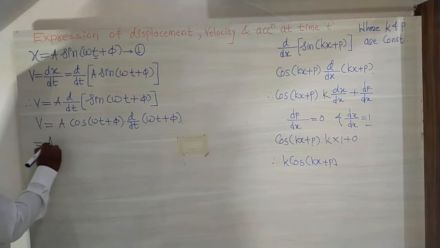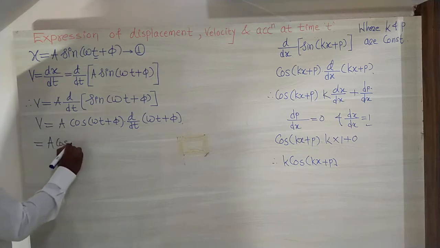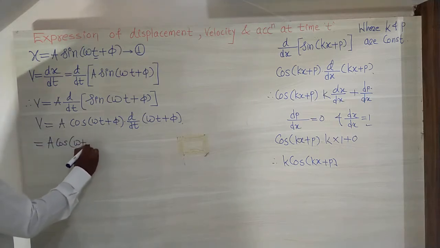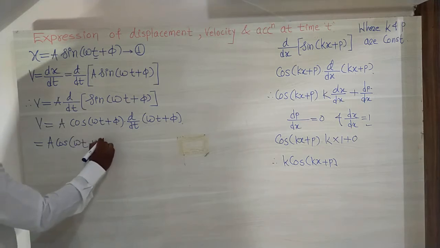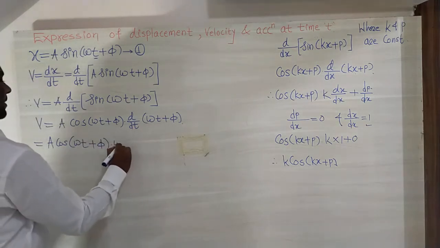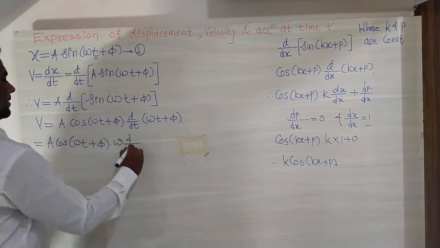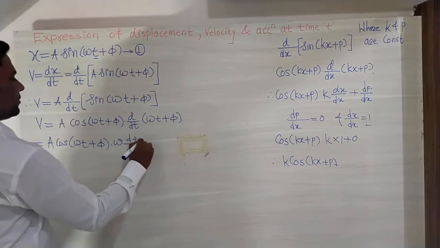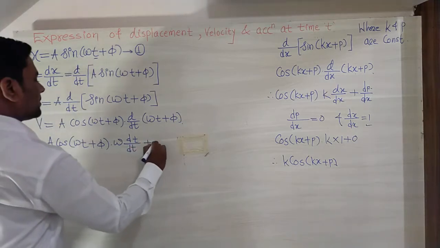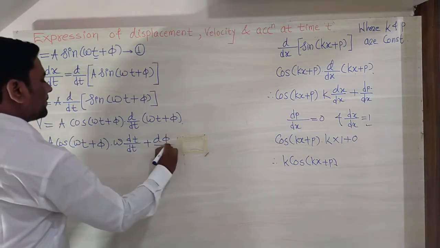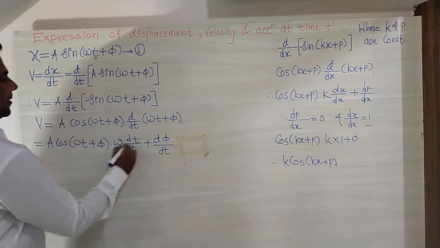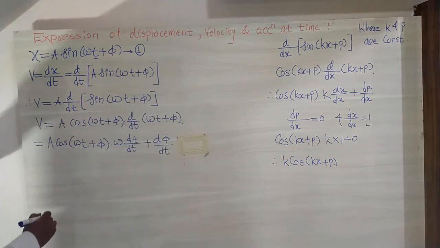So that is equal to a cos of omega t plus phi into omega, constant and outside the derivative, d by dt of t plus d phi by dt, where omega and phi are constant.